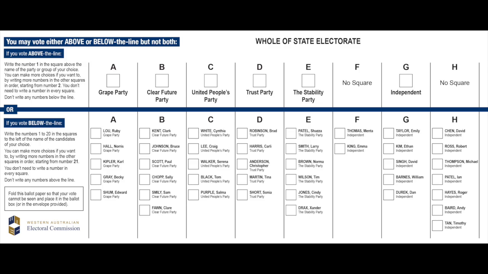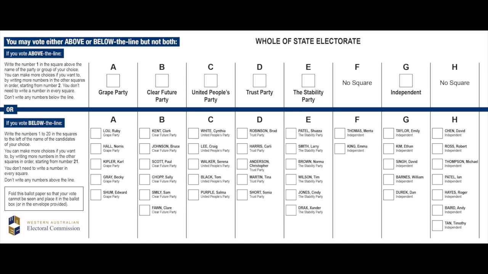If you vote below the line, write the numbers 1 to 20 in the squares to the left of the name of the candidates of your choice. You can make more choices if you want to, by writing more numbers in the other squares in order, starting from number 21. You don't need to write a number in every square. Don't write any numbers above the line if you're doing the below the line vote.